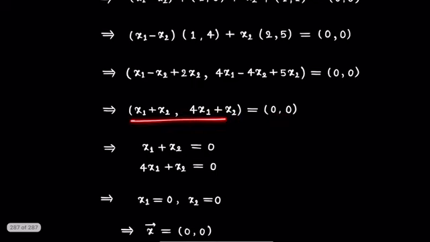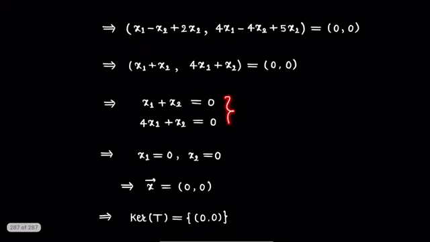As these two vectors are equal, equating their coordinates we get this system: x1 plus x2 equals 0 and 4x1 plus x2 equals 0. After solving this system, we get x1 equals 0 and x2 equals 0. So vector x, which is (x1, x2), is the 0 vector of R2.